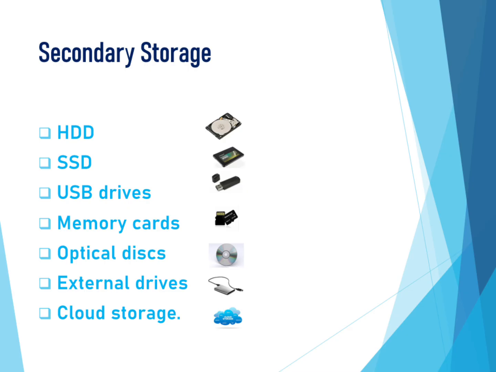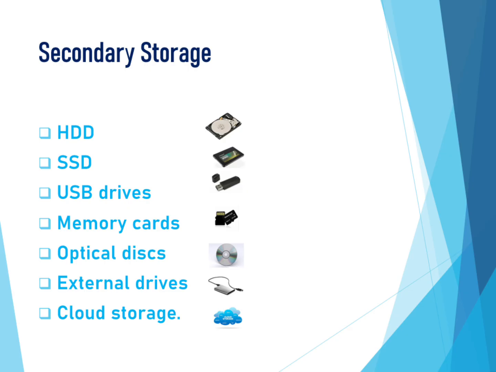Unlike the primary storage, which is directly connected to the CPU, secondary storage is different from it, and it is a permanent storage. It could be an external device that could be connected to a computer to make permanent copies of data like HDDs, SSDs, USB flash drives, memory cards, and so on.